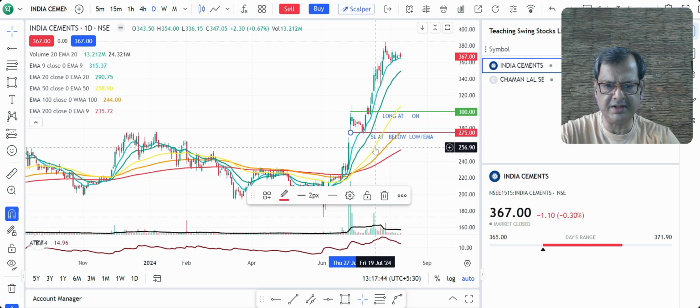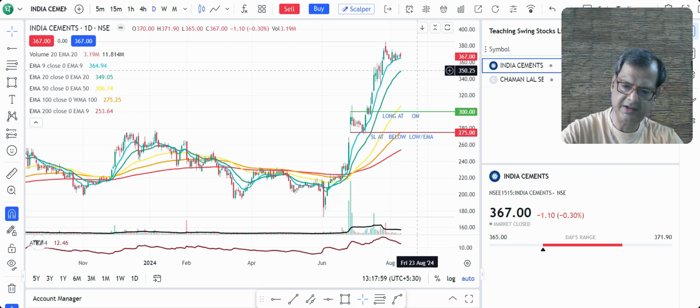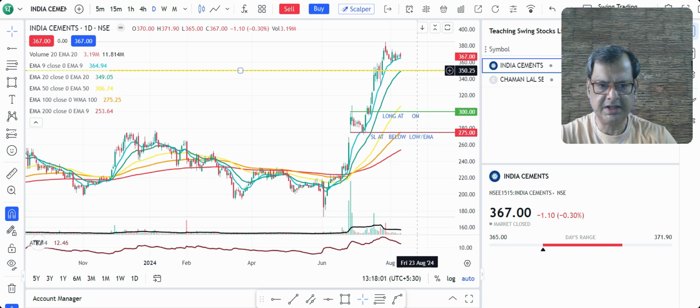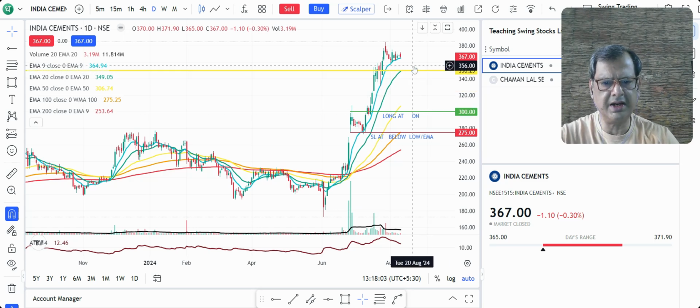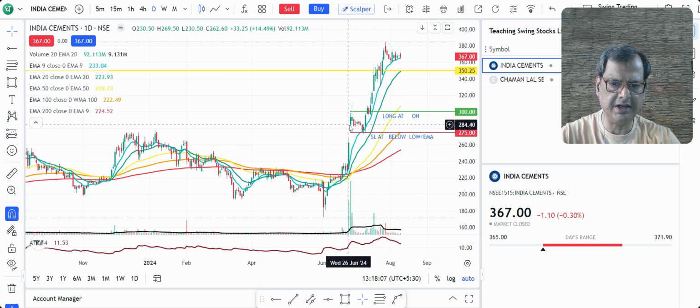That's what everybody tells them: always go for 1 is to 2, 1 is to 3, because you are doing swing. This is not intraday. So 25 here, and they probably had a target of 50 rupees here. Their target would be somewhere here with a 1 is to 2 target, and it would have been achieved but for the fact that they entered on the wrong candle.